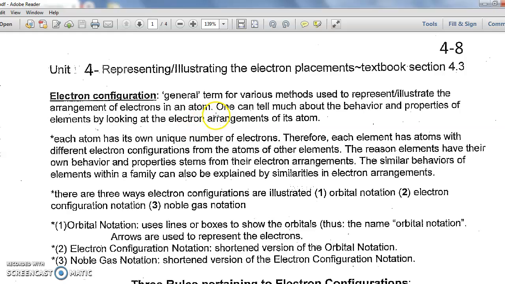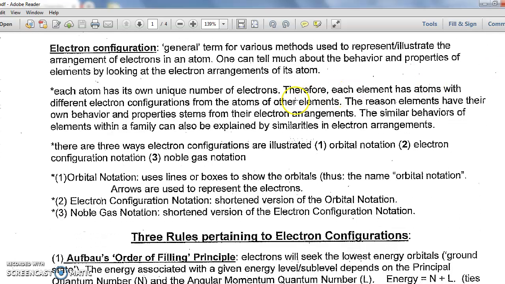And when you know where the electrons are, you'll begin to be able to say more about the behavior and properties of those elements, and you'll come away with a much greater understanding of the mysteries behind the periodic table. We know that each atom from different elements has its own unique number of electrons. Therefore, each element has its own unique electron configuration, different from every other element.